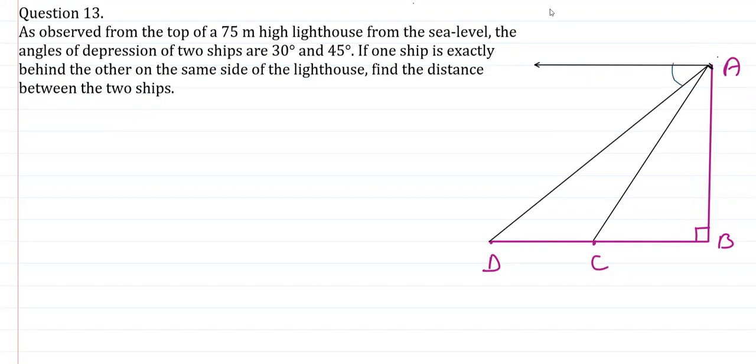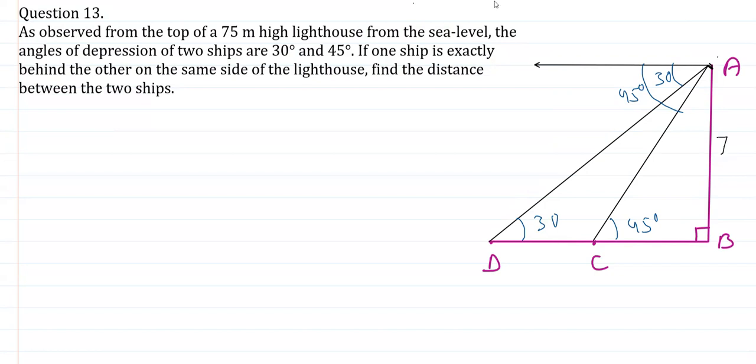The angles of depression are 30 and 45 degrees. So we can take the smaller as 30 and the larger as 45 degrees. Further, by using alternate interior angles, I can write this as 30 and this will be 45 degrees.